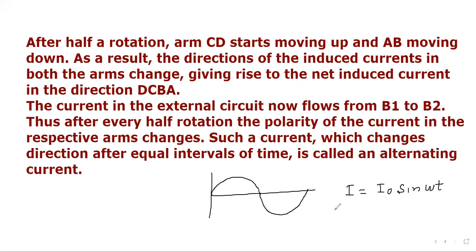Now, let's see the expression for induced EMF and current. So if we write the parameters given, N is the number of turns, A is the area of each turn, B is the magnetic field, theta is the angle that the coil makes with the normal, and omega is the angular velocity.